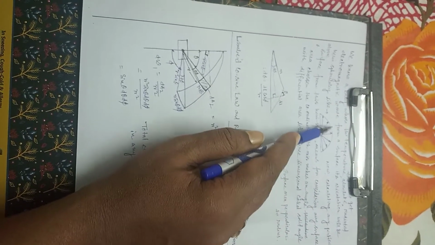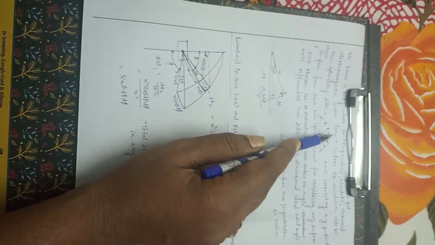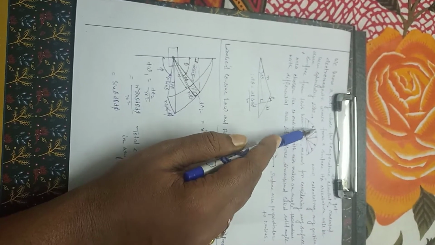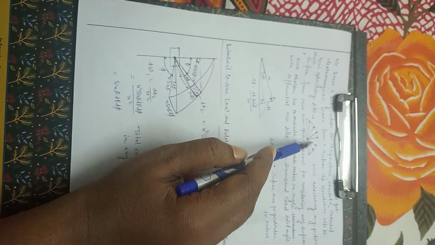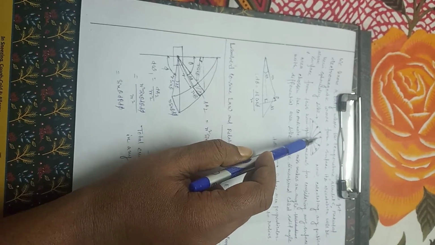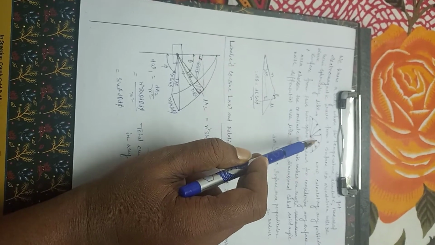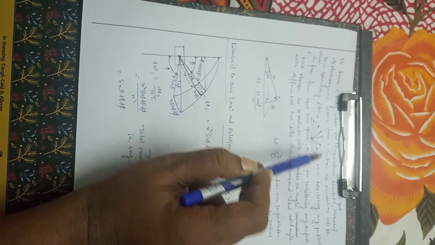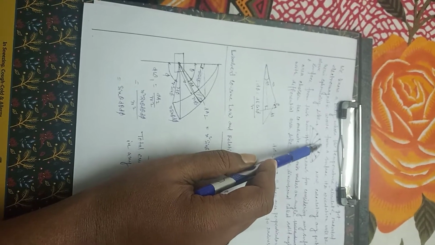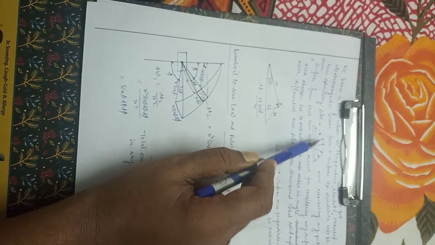If I want to quantify the surface area and the corresponding arc, the solid angle is very important, because solid angle is defined by d omega, that is defined by dA by r square. dA is any position of the arc and the corresponding radius.